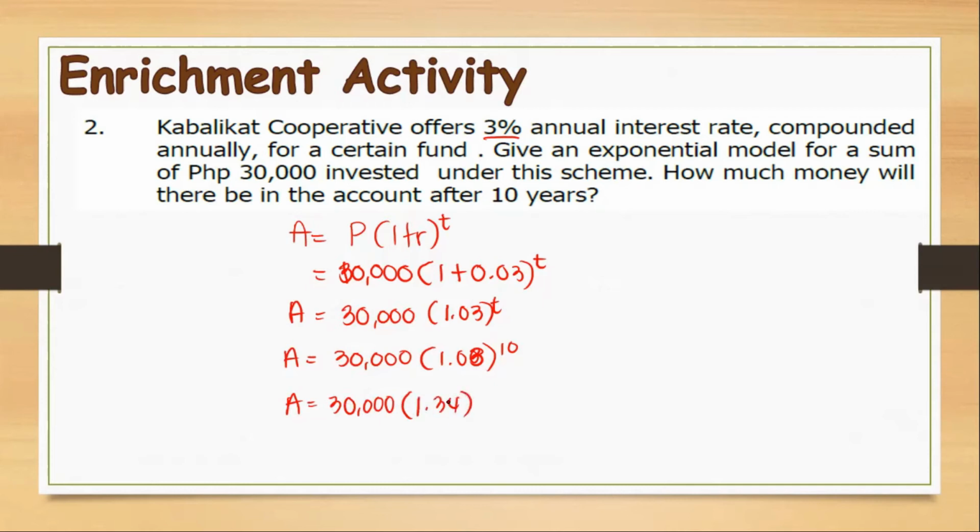Okay, so 1.34 times 30,000, our final A must be 40,200. This will be the amount of money in the account after 10 years.